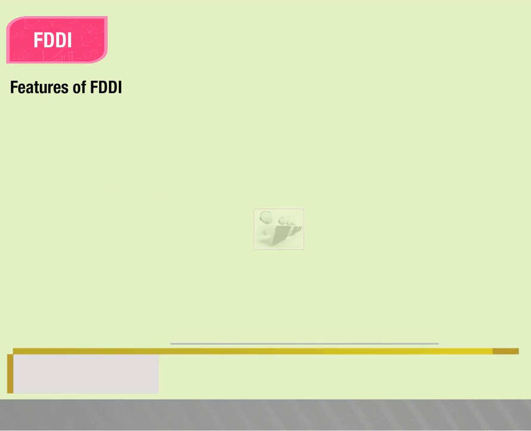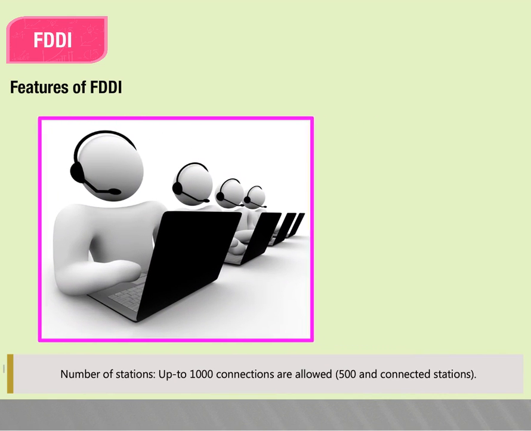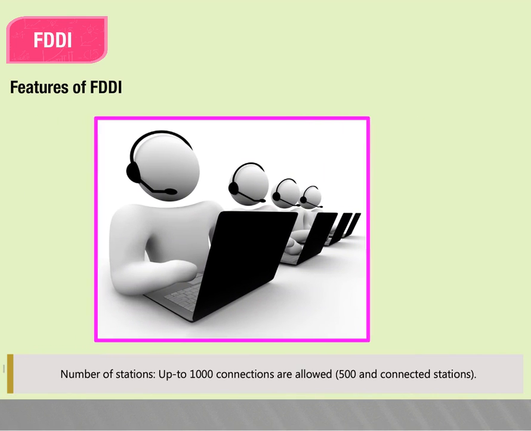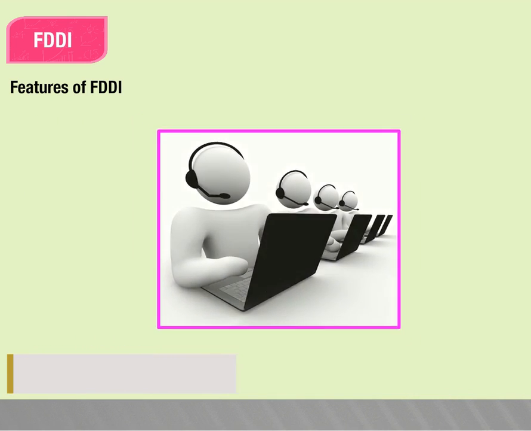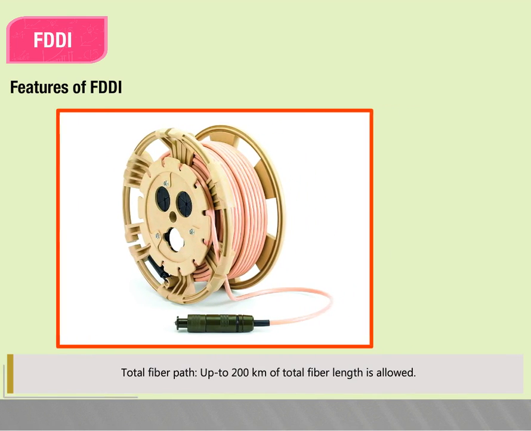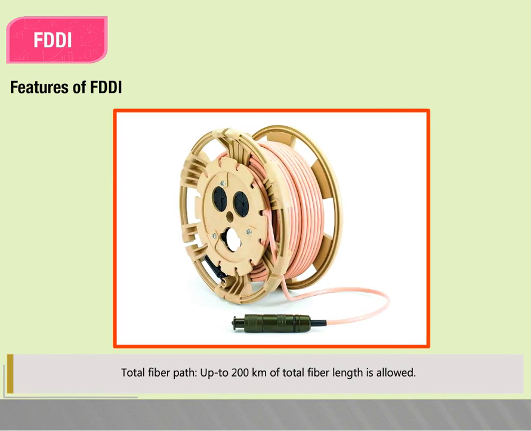Features of FDDI: number of stations, up to 1000 connections are allowed, 500 dual connected stations. Total fiber path, up to 200 km of total fiber length is allowed.